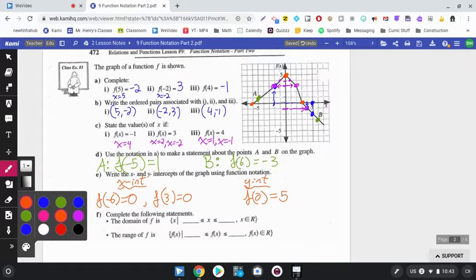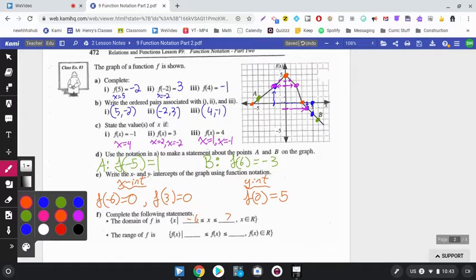Complete the following statement. The domain of f, all of my possible x's, my x's go from -6, and then I have a bunch of x's all the way through the middle, all the way to +7. So I'll fill that in from -6 to 7. -6 less than or equal to x less than or equal to 7.